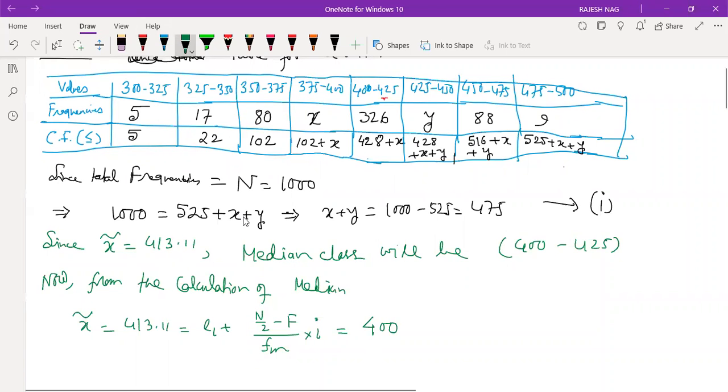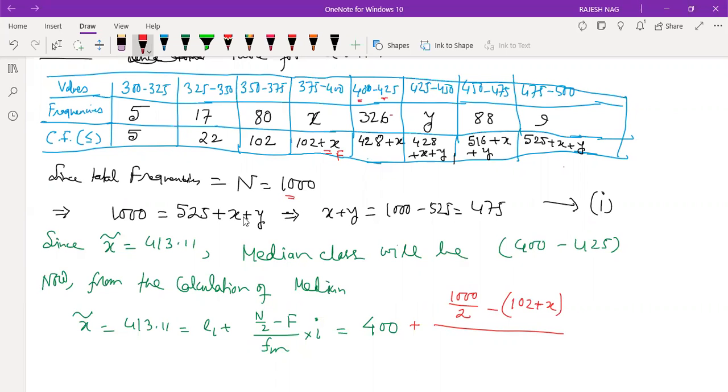Plus n by 2, we can write as 1000 divided by 2, because we already know the total frequency is 1000, minus f, the previous class CF, by fm. fm is the frequency of the median class, into i. i is the width of the median class.